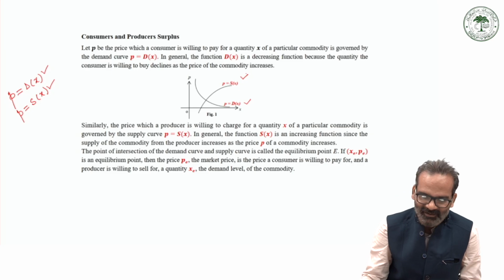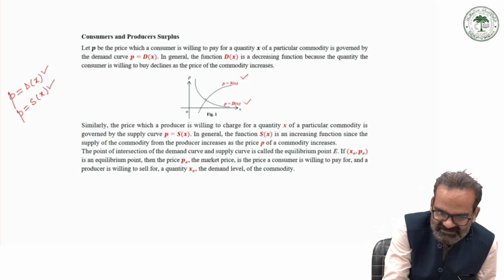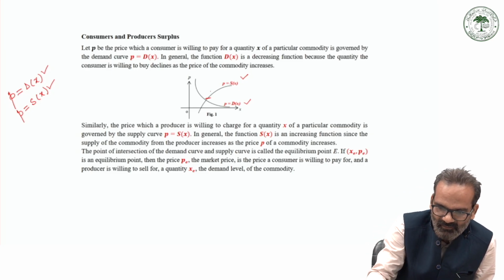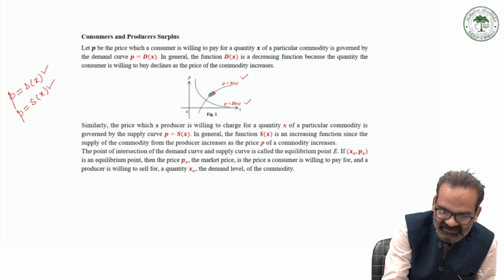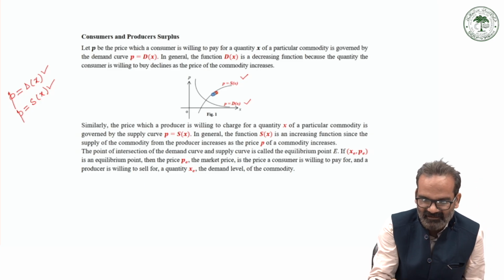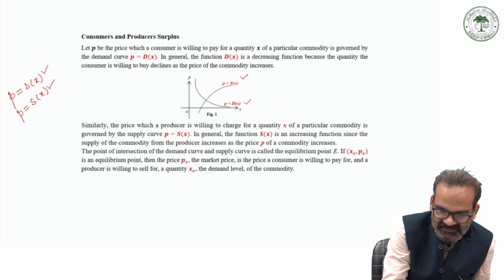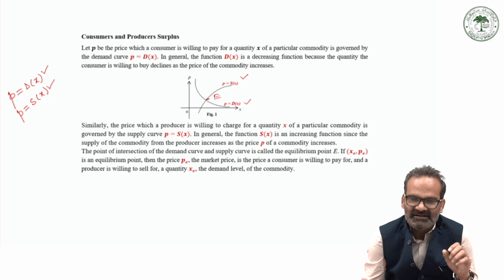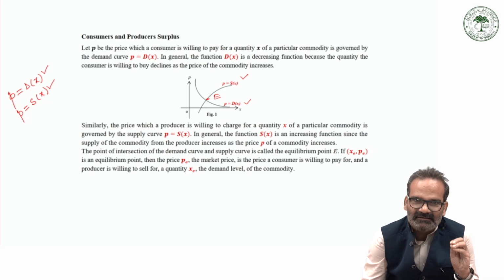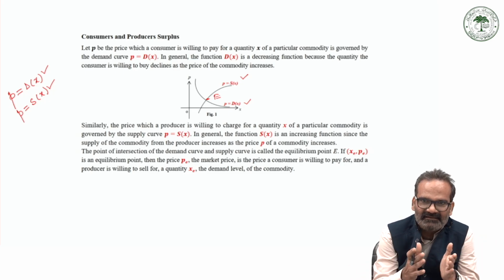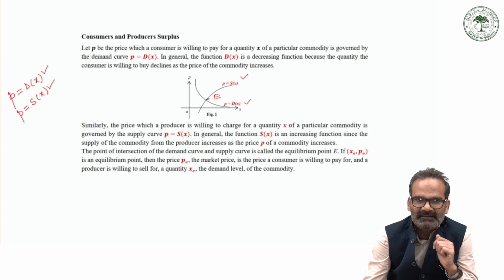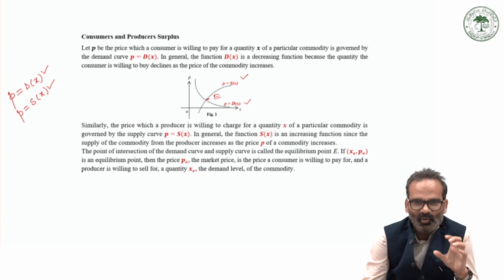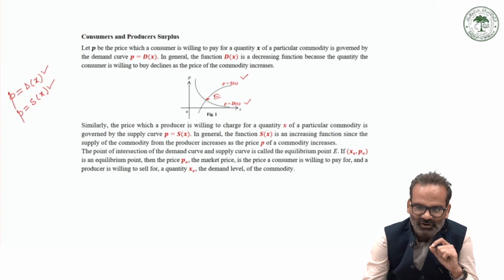And you know the point at which these two curves meet, right? I couldn't mention this point here. This is the point, we call it E. The point at which these two curves intersect is known as the equilibrium point, which is denoted by E. What is the meaning of equilibrium point?